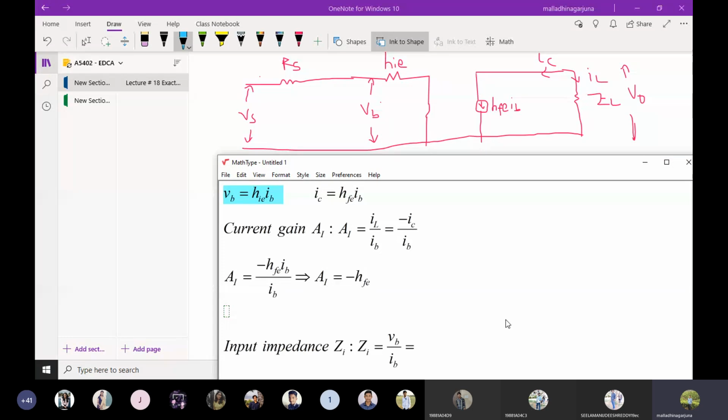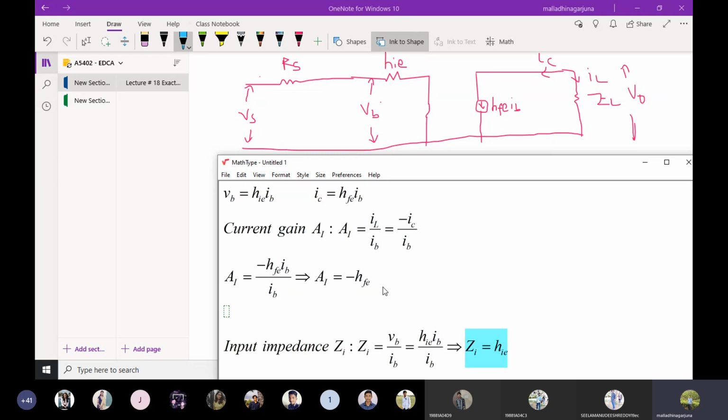Now substitute: HIE IB divided by IB. So IB cancels, and you get ZI equal to HIE. Simple derivations. Why? Because if you compare the derivation parts of the exact analysis and the simplified model, for current gain you may have got about 5 to 6 steps, and for input impedance about 3 to 4 steps.